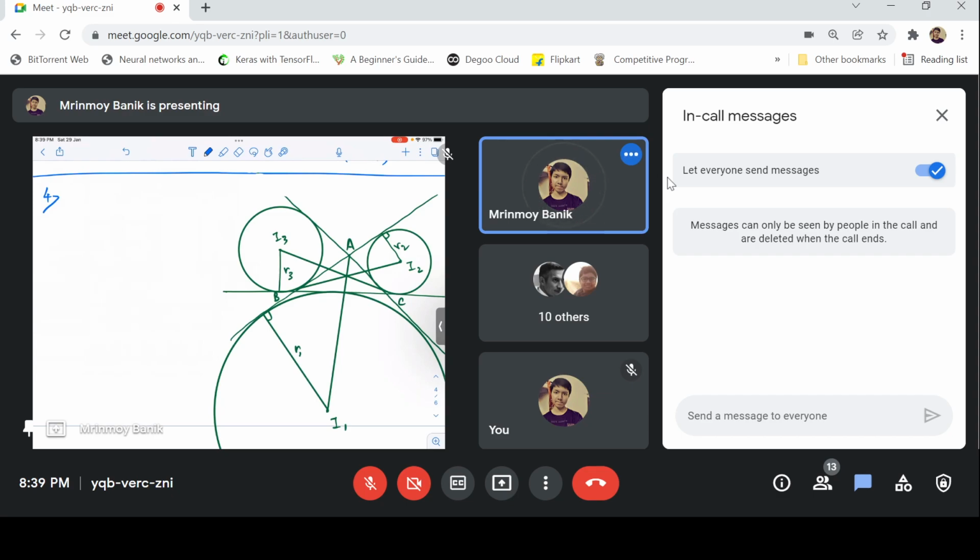So now, we need to show r1, which is this one, is delta by s minus a.